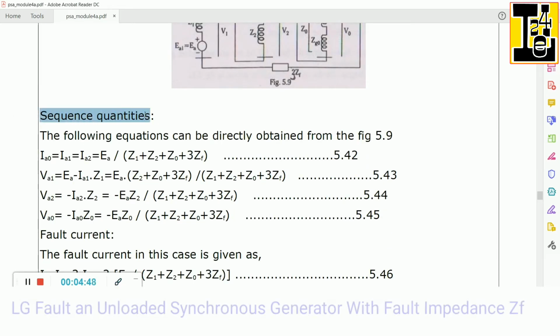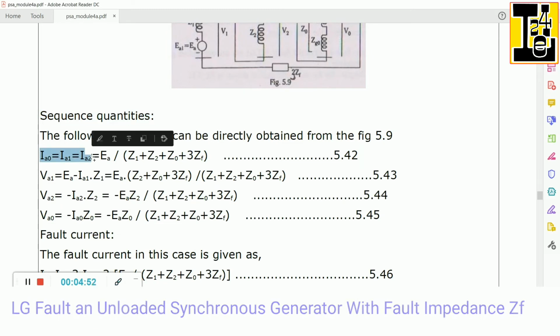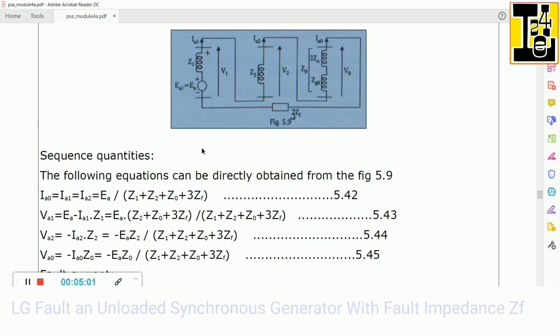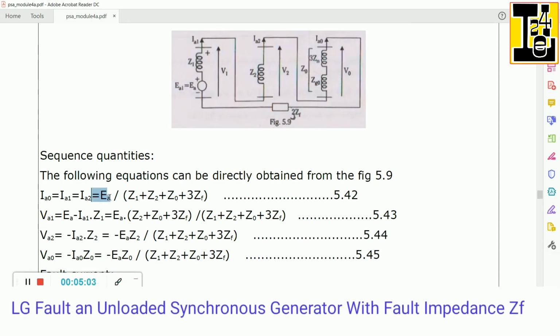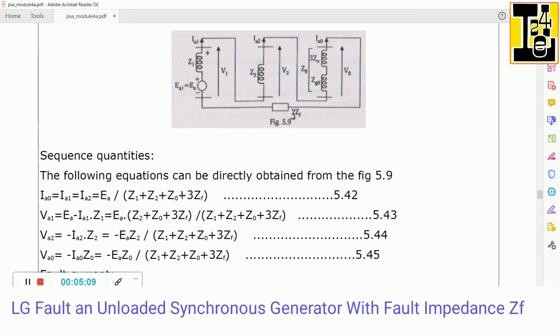Let us find the six sequence quantities, starting with the sequence currents. The three sequence currents are equal, and looking at this circuit, the current is equal to the EMF source divided by the total impedance, that is Z1 plus Z2 plus Z0 plus 3ZF.